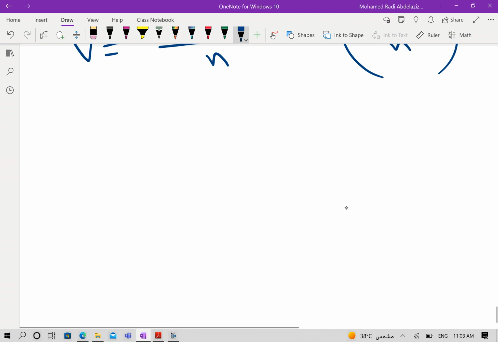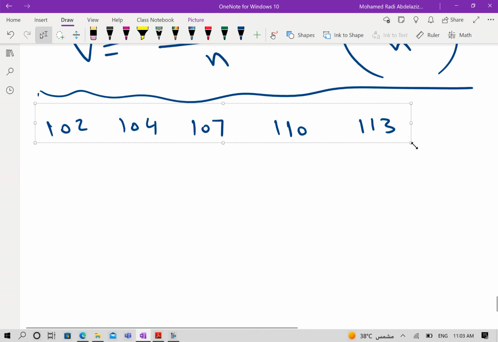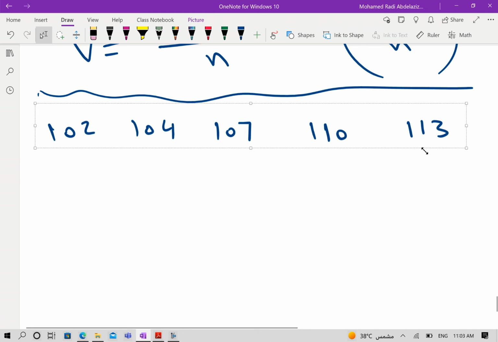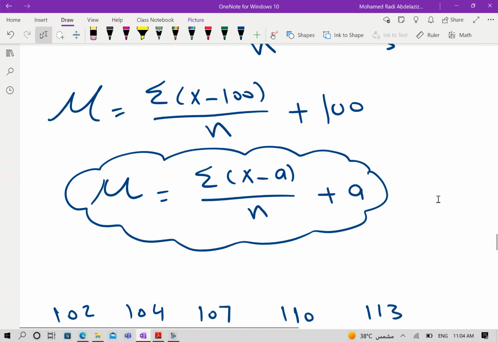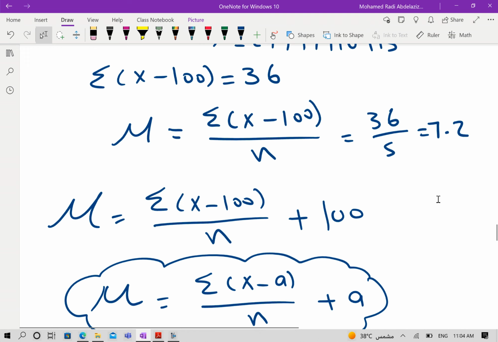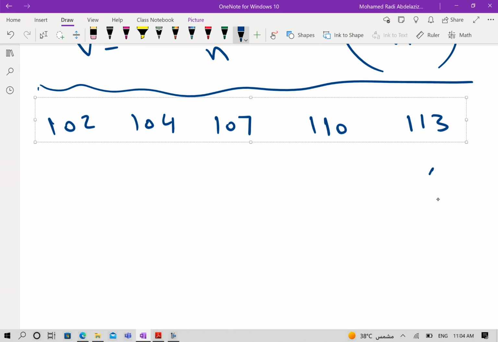What about coding by subtracting the exact value of mu? What is the value of mu? Do you remember it? I think 107 point something. 107.2? Okay, 107.2.